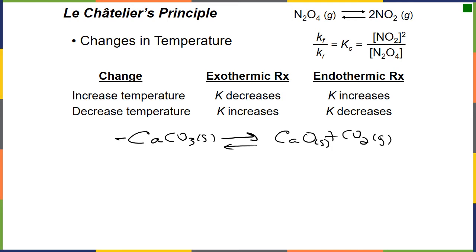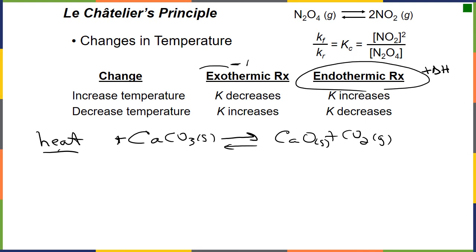This reaction is endothermic, meaning that in order for this reaction to work, you have to add heat. If we have an endothermic reaction, we're going to have a positive delta H. If we have an exothermic reaction, we are going to have a negative delta H.